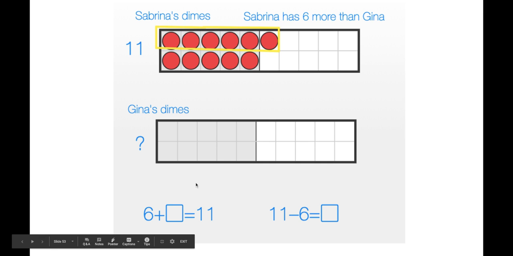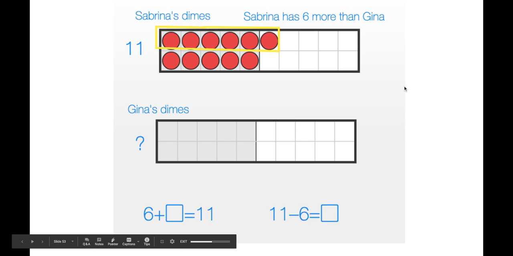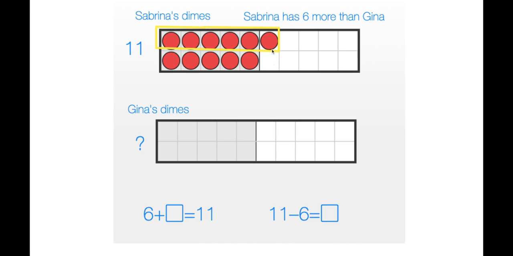So in this one, they used double 10 frames. And at the top, since we know how many Sabrina has, we filled that in. We're still not sure how many Gina has, so that's left blank. Sabrina has how many again? 11, that's right. And we also know Sabrina has 6 more than Gina.